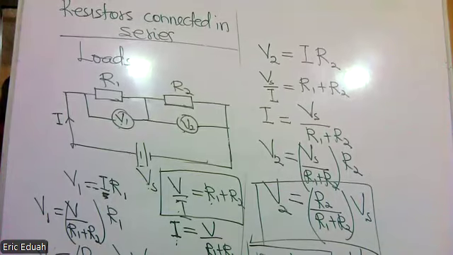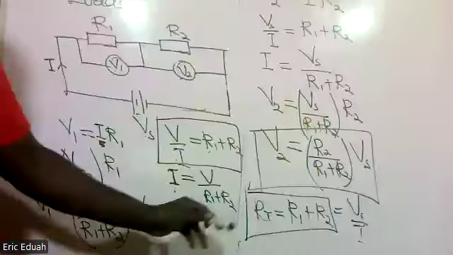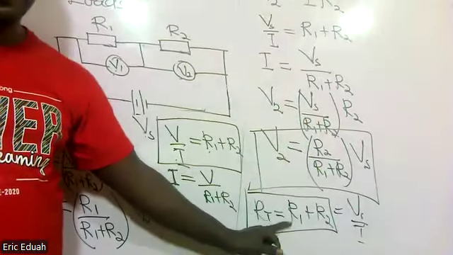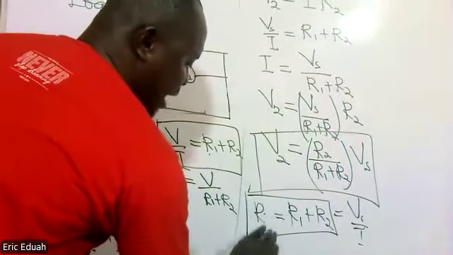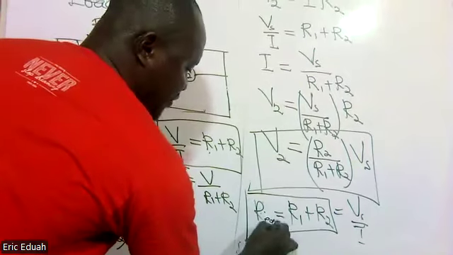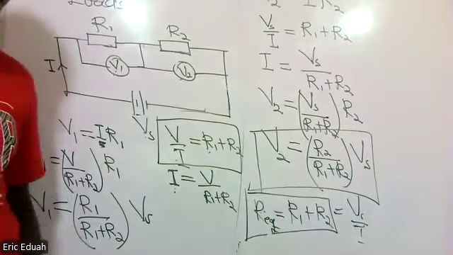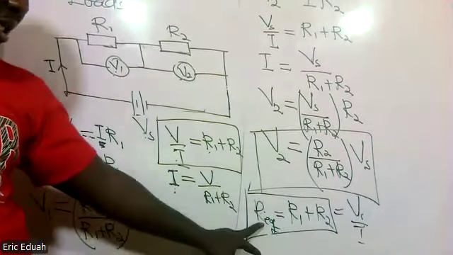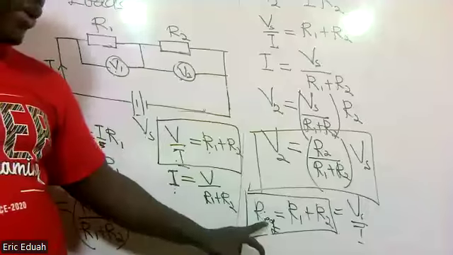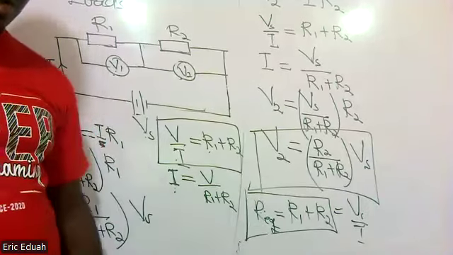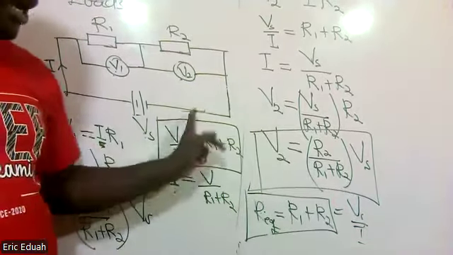And please, you must know how to prove this. This is either RT or R equivalent. And what it means is that when resistors are connected in series, the equivalent or the effective resistance is always greater than any of the individual resistances.